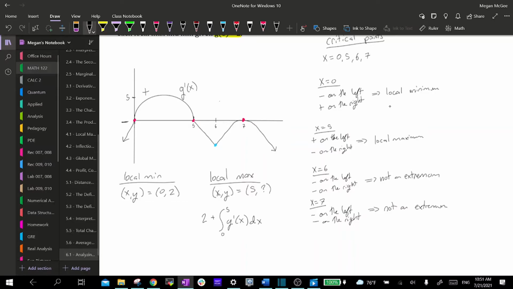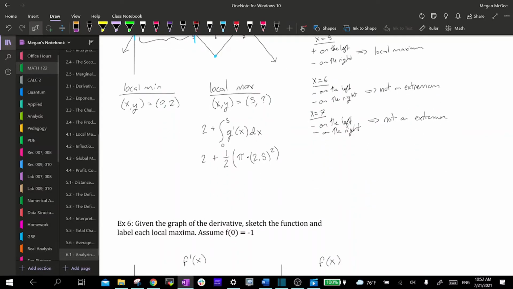We are above the x-axis, so we know it's going to be positive. And we're looking between 0 and 5. If it was a perfectly drawn graph, we'd see this is again an area of a circle, but only half of that circle, right? So this is going to be 2 plus half of the area of this circle. So we have pi times r squared. Our diameter is 5, so half of our diameter is 2.5, and then we need to square that.